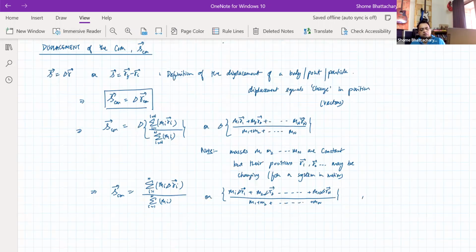Now, delta of R is the individual displacement for that particular particle. So the displacement of the center of mass has a similar formula. It is the weighted mean of the individual displacements.